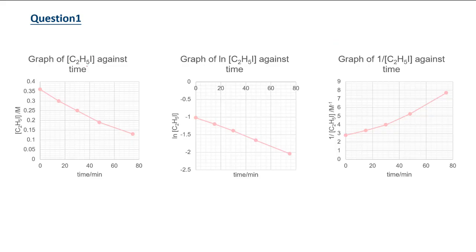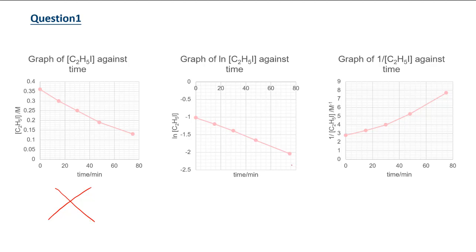Alright, after you try and error for these 3 graphs, you will see the first graph, where you use the y-axis as the concentration against time, is a curve. So this is not the graph that we want because it's not a straight line.